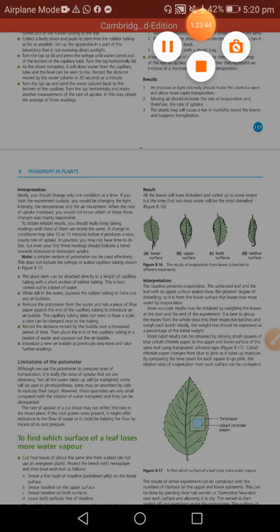Now, light is also a great factor for transpiration. How? Just remember that a few moments ago we studied stomatal opening and closing. I would suggest you go back to that part and study the stomatal opening and closing.